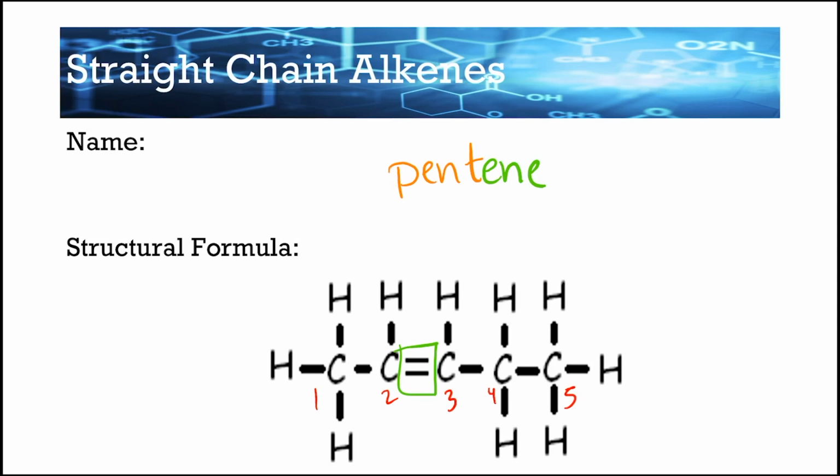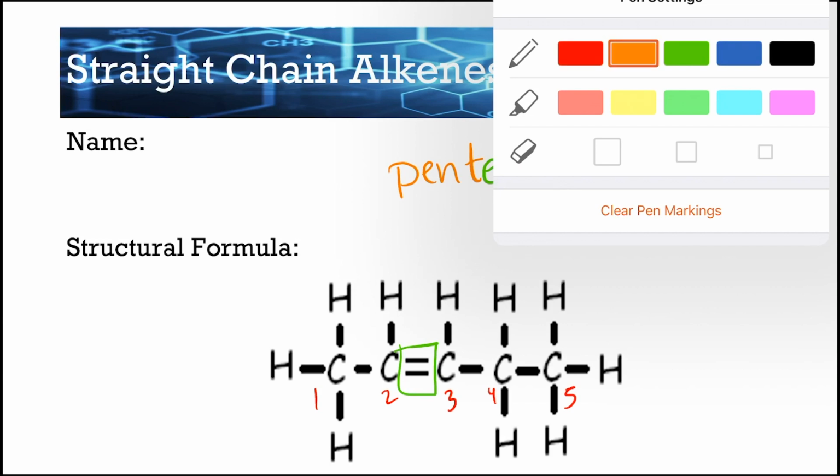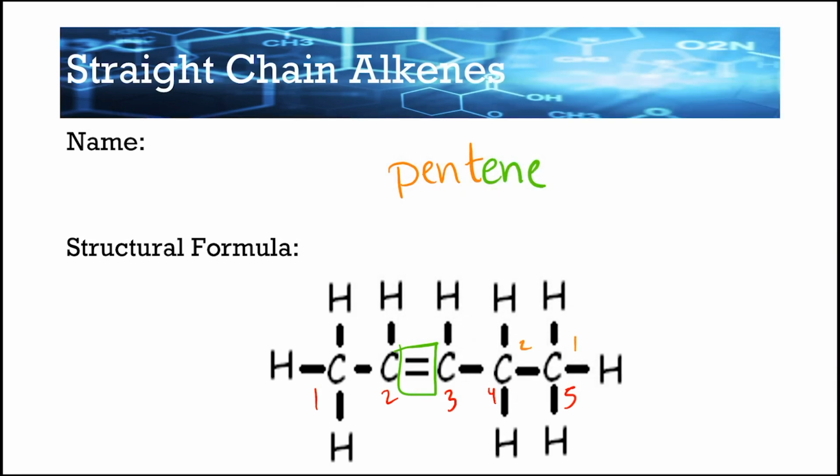So, if we label them in red, left to right, or if we label them in orange, 1, 2, 3, 4, 5, right to left, we have to again make sure we're starting on the smallest carbon. So if we're looking at the red example, it starts at 2 and goes to 3. If you look at the other way, it starts at 3 and goes to 4.